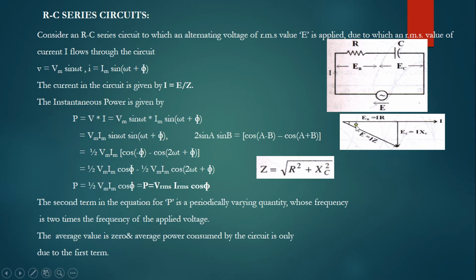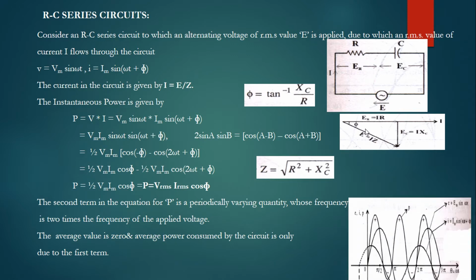Whichever comes first when you move in the clockwise direction, you take as leading, and whichever comes next, we take as lagging. So in this circuit, current leads the voltage by the power factor angle phi. The power factor angle can be calculated with this formula: phi is equal to tan inverse Xc by R.